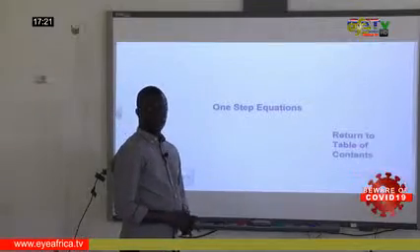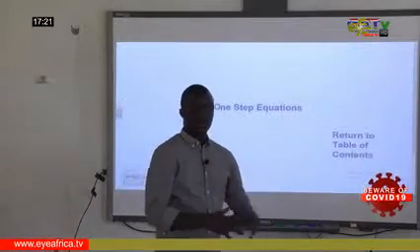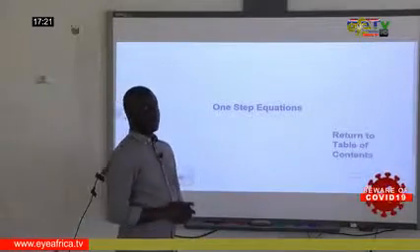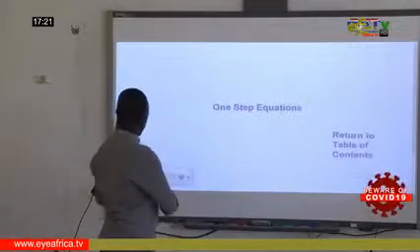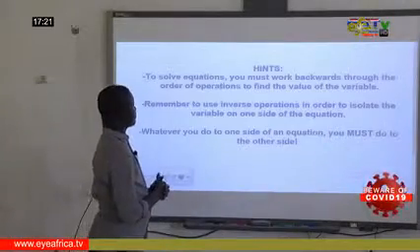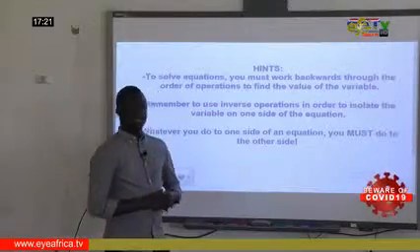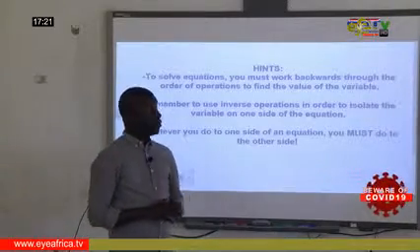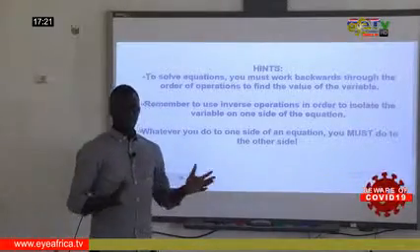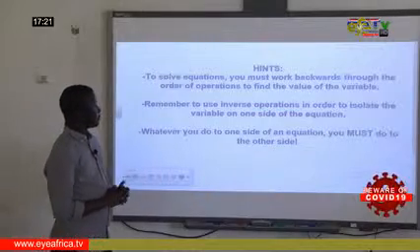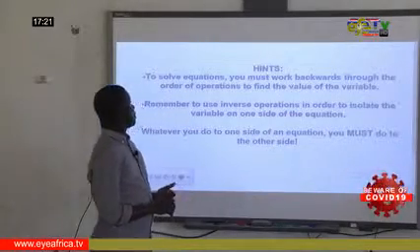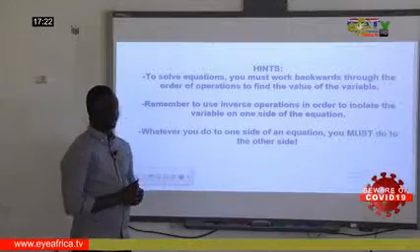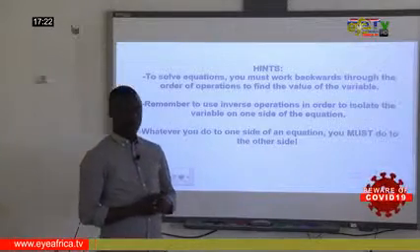One-step equations. Now we will get into solving our equations. But the equations we'll be solving here are only one-step equations. Now here are hints or rules to bear in mind in solving one-step equations. To solve equations, you must work backwards through the order of operations to find the value of the variables.